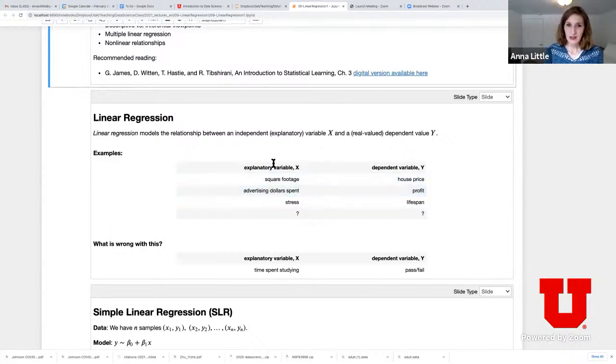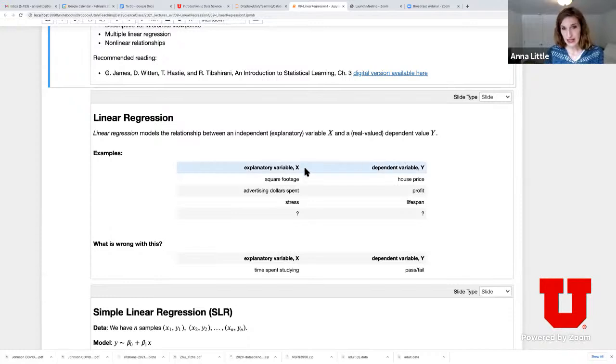Okay, so we're interested in making predictions of one variable, which we'll think of as the response variable or the dependent variable, from another variable, which we'll think of as the independent variable or the explanatory variable or the predictor variable. Lots of different words here that are used to mean the same thing.